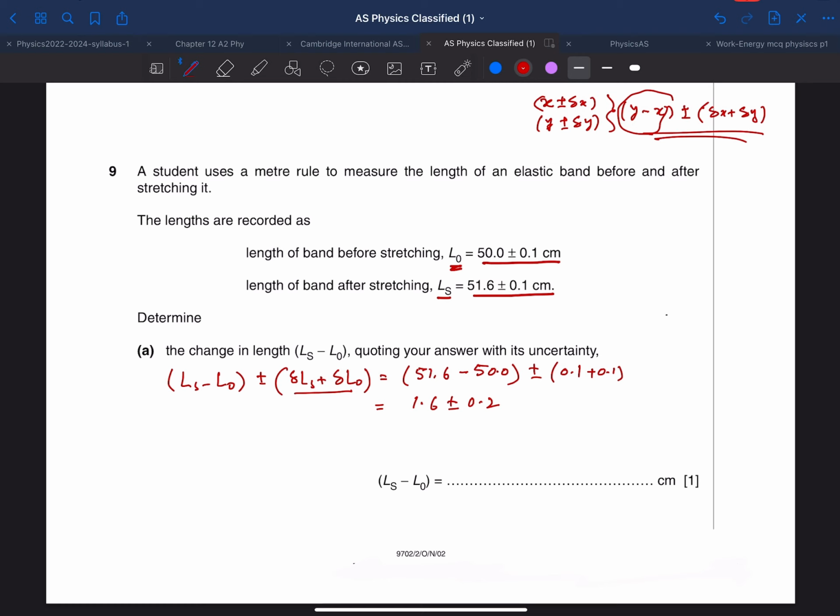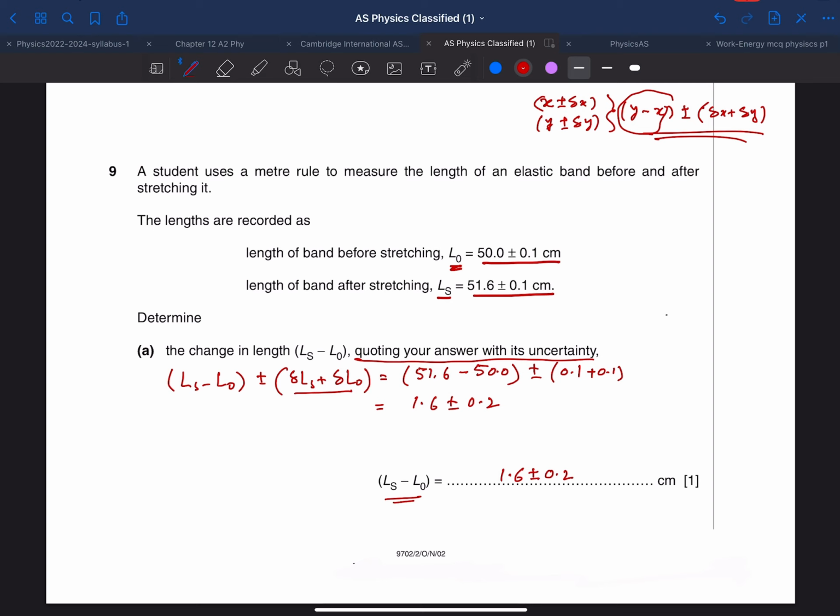So this will be your answer, and here you are writing the change in length, quoting your answer with its uncertainty. Here they have given only LS minus L0, but the question is saying quoting your answer with uncertainty. So you will not write only 1.6, but you have to write it in this way, and this is the answer.